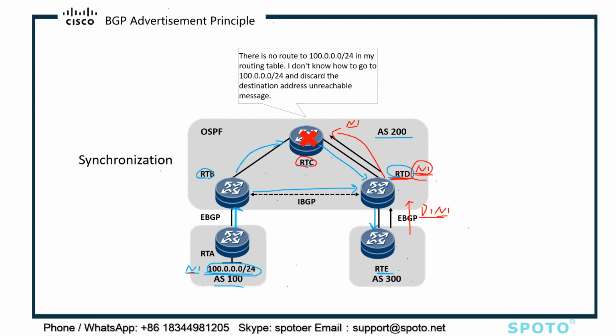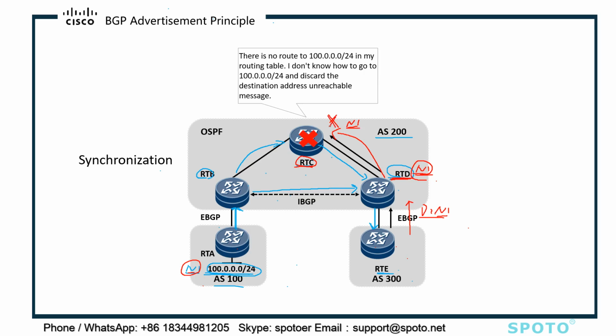In RTC we don't configure the BGP protocol, so RTC doesn't have the route information about this network segment. RTC checks the destination and can't find it in its own routing table, so RTC will discard this packet.